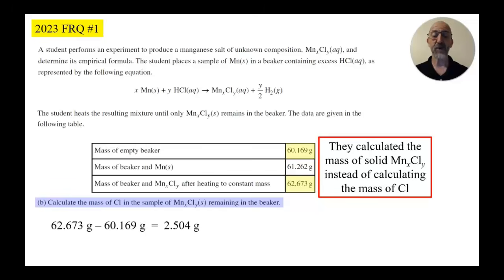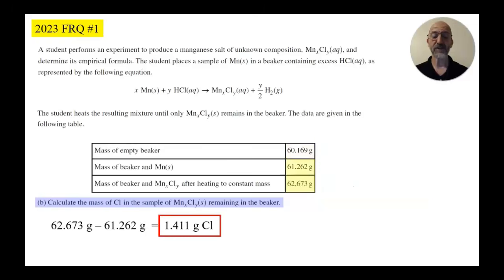So if we subtract those numbers, we do not get the mass of chlorine, we get the mass of the solid in the beaker at the end of the experiment. So considering that the middle row of that table says mass of beaker and manganese, these are the 2 numbers that we should have subtracted. So that difference would represent the additional amount of chlorine that is now present in that compound at the end of the experiment. So that is the correct answer.